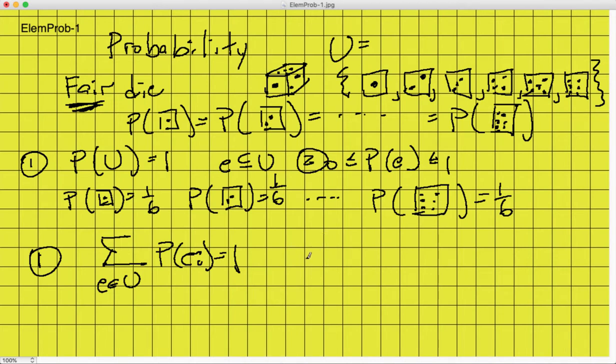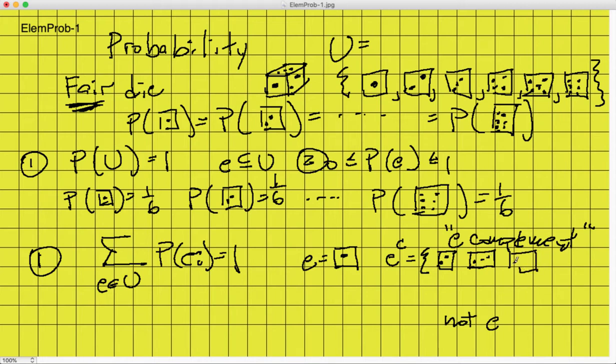If E is equal to the event that I roll a 1, then we can talk about E complement, which is another way of saying not E. If E is equal to this, then E complement is equal to the set that contains 2, 3, 4, 5, 6.